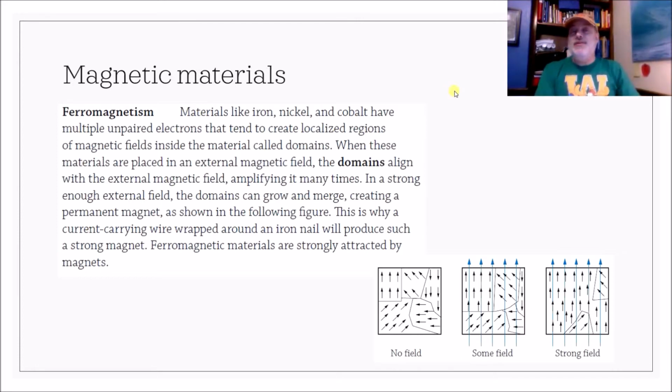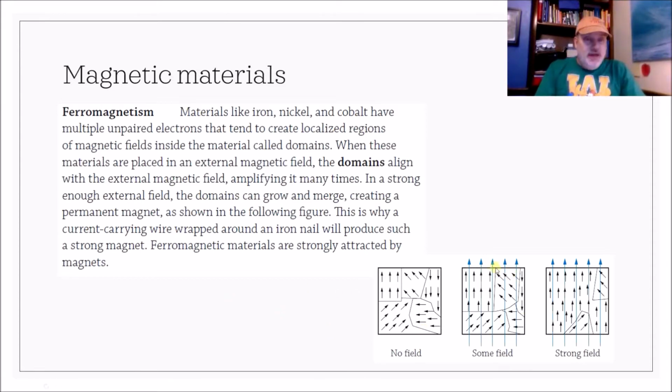Now what this tends to do is that they naturally align, and so portions of the material will line up into what we call domains, where segments of the iron will have a magnetic field pointing one direction. Normally you have a jumble of these magnetic domains, and so as a whole the object will not be a magnet.